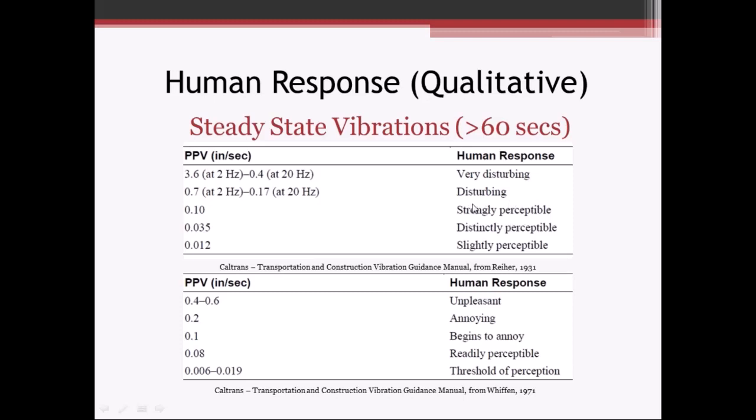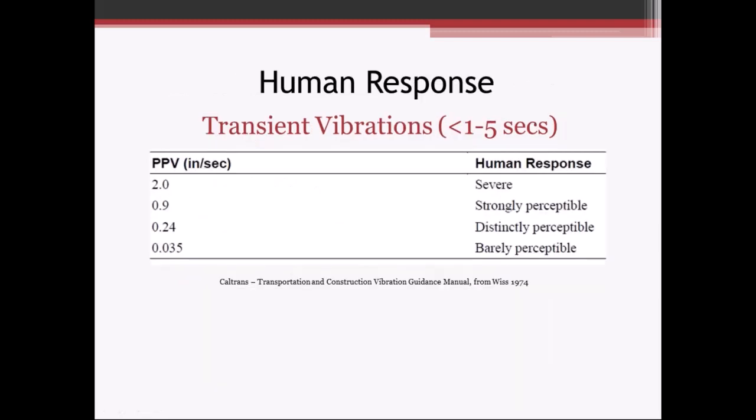These are steady state vibrations, so these are the ones that are lasting more than 60 seconds. That vibratory roller, the sheet pile vibratory head installing sheet piles. Again, as the peak particle velocities increase, our human response obviously changes.